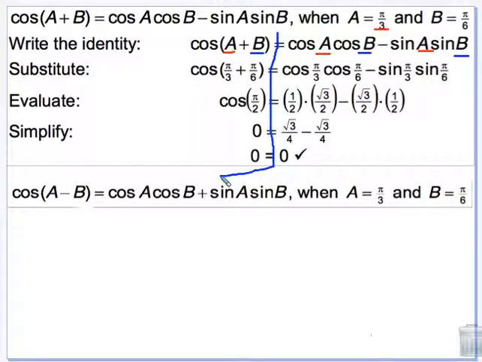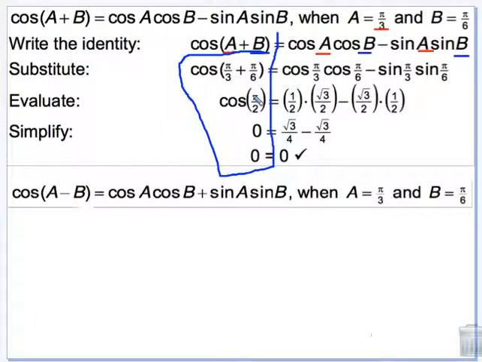Okay? And so first we're going to figure out what this side equals, and then we're going to figure out what this side equals. So here, if you have just inside the parentheses, that's all we're going to look at for now. We have pi over 3 plus pi over 6. Well, you have to get a common denominator here, so this would become 2 pi over 6 plus pi over 6, which gives you 3 pi over 6, which reduces to pi over 2.